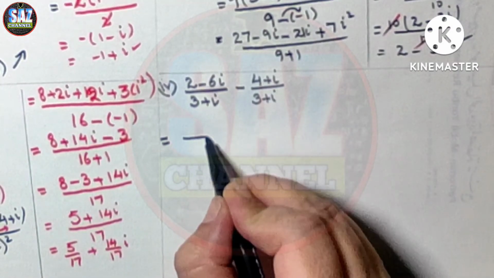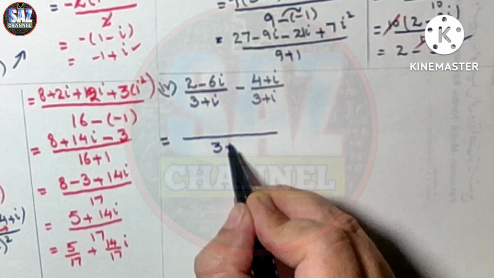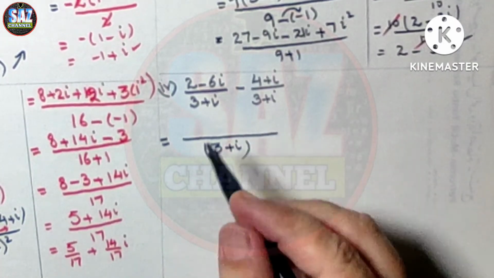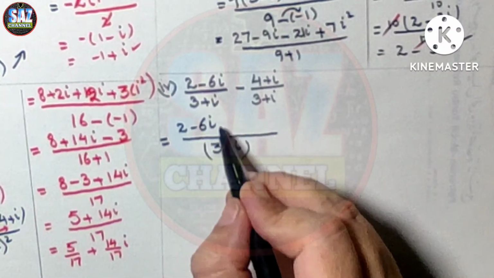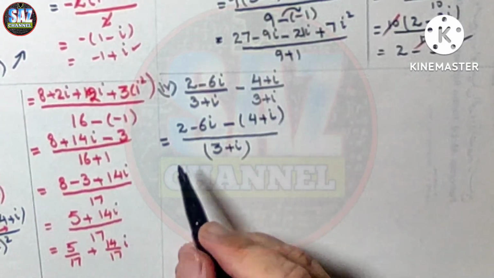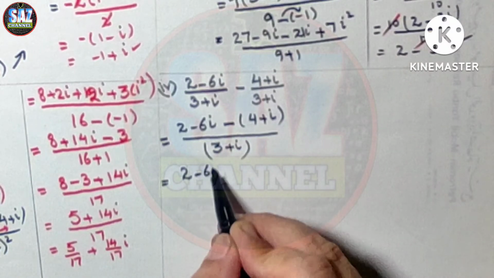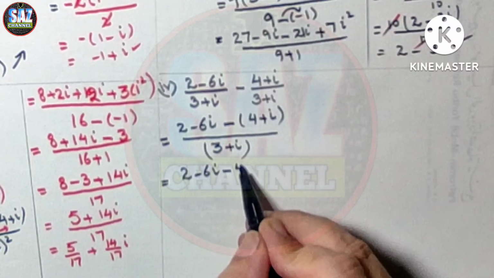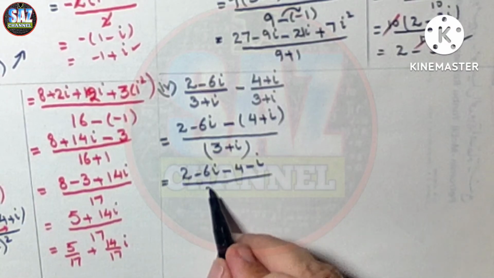So, first try to make single fraction by taking the LCM, 3 plus iota and 2 minus 6 iota minus 4 plus iota, and it will take the form 2 minus 6 iota minus 4 minus iota upon 3 plus iota.